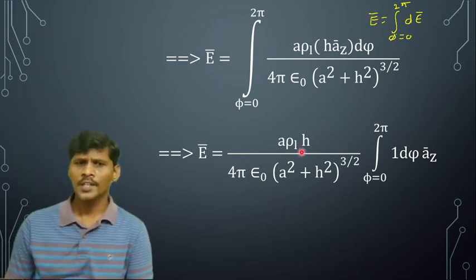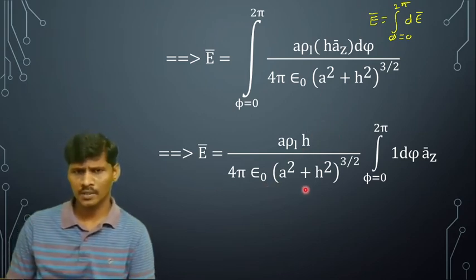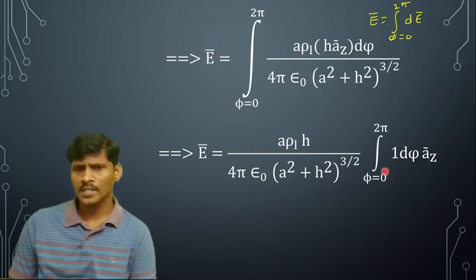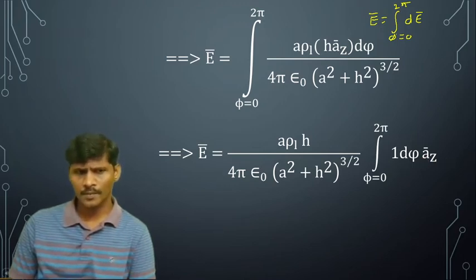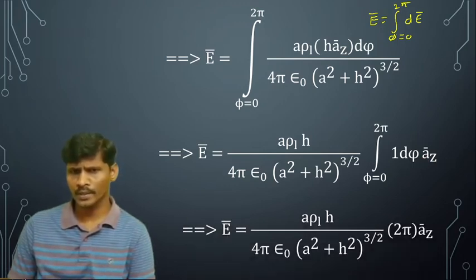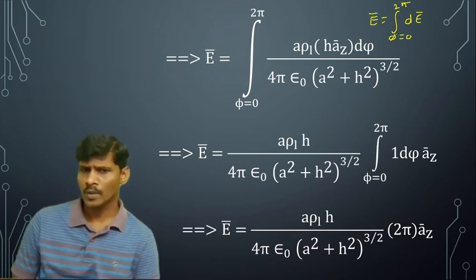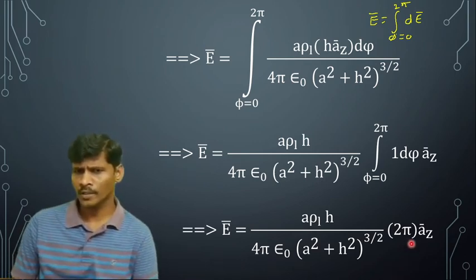We get a rho L h by 4 pi epsilon naught (a square plus h square) whole to the power of 3 by 2 into integral of 1 d phi from 0 to 2 pi, a z bar. After substituting the upper and lower limits of phi, we get 2 pi.